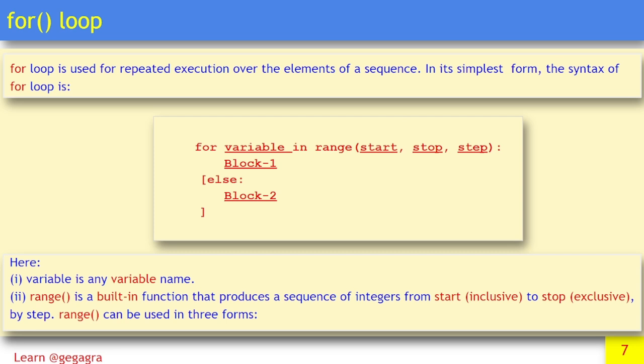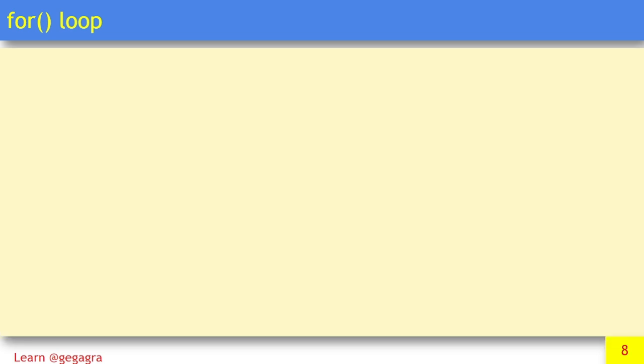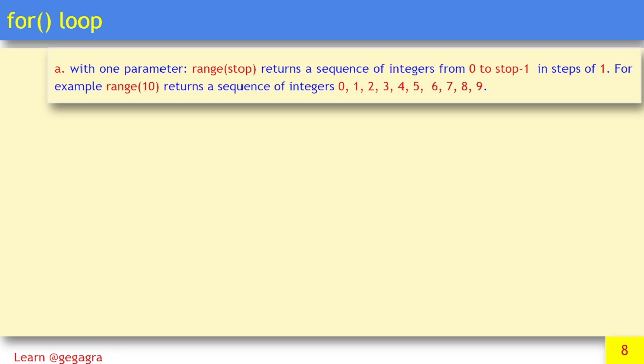The first form is with one parameter. I'll use range with one parameter, that is the stop, and it will return the sequence of integers from 0 to stop minus 1. If I say range 5, it will give 0, 1, 2, 3, 4.